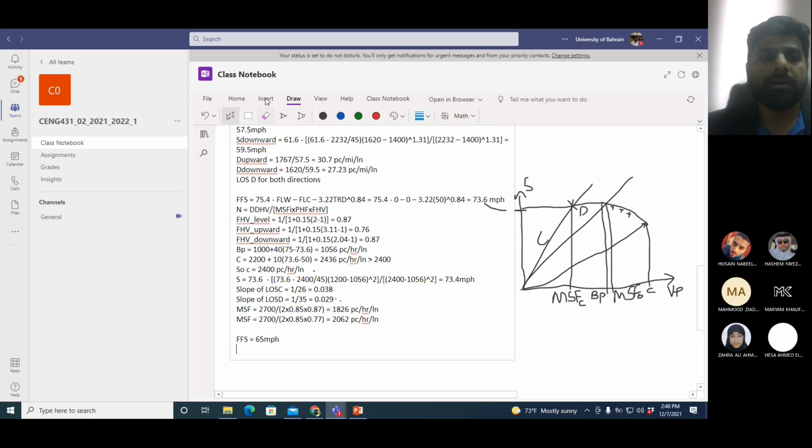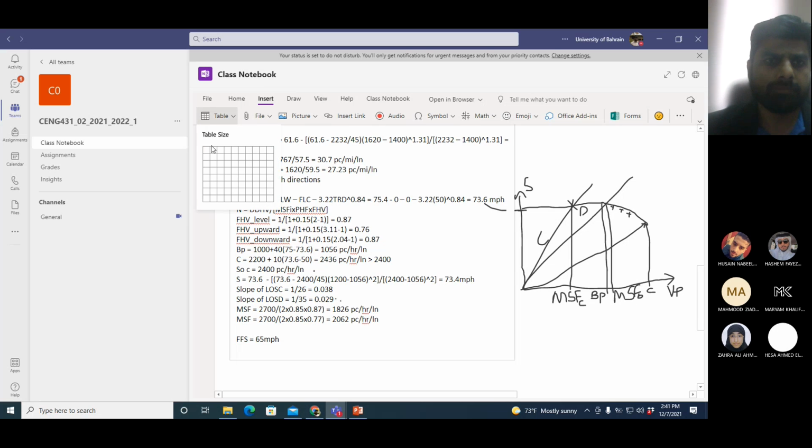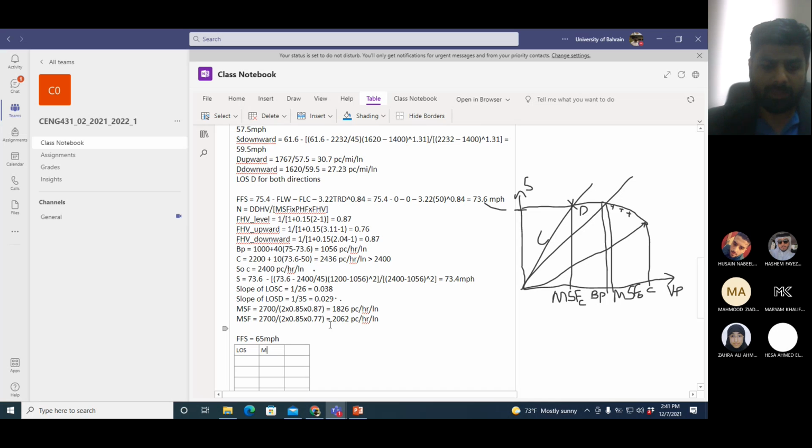Now I will put a table here. Level of service, maximum service flow rate, which is in passenger cars per hour per lane, and the adjustment factors, the factors by which you need to multiply.